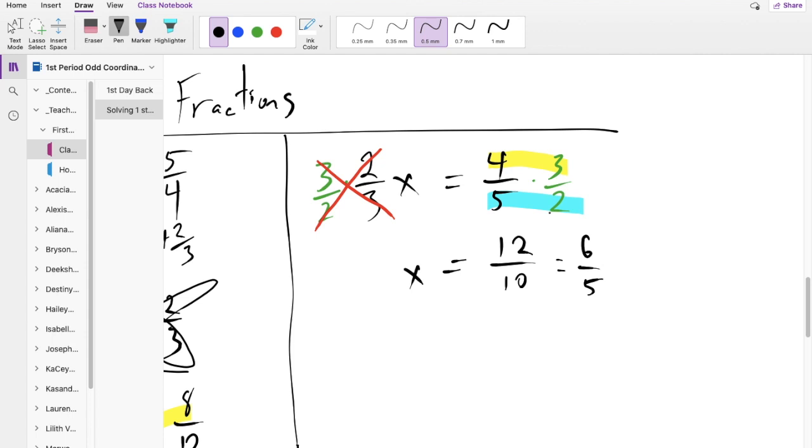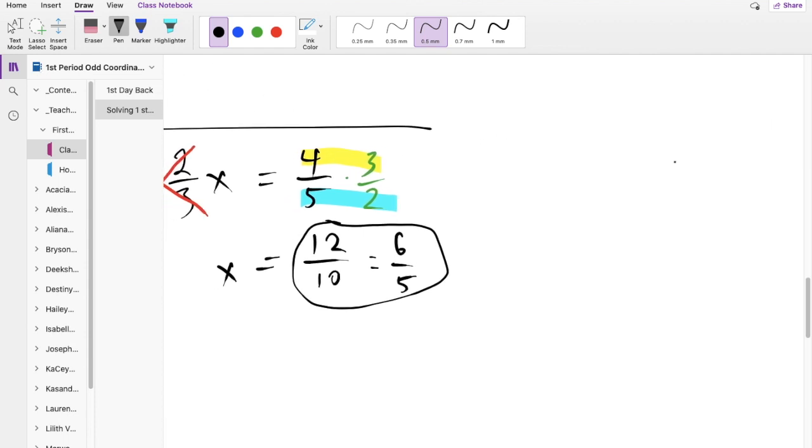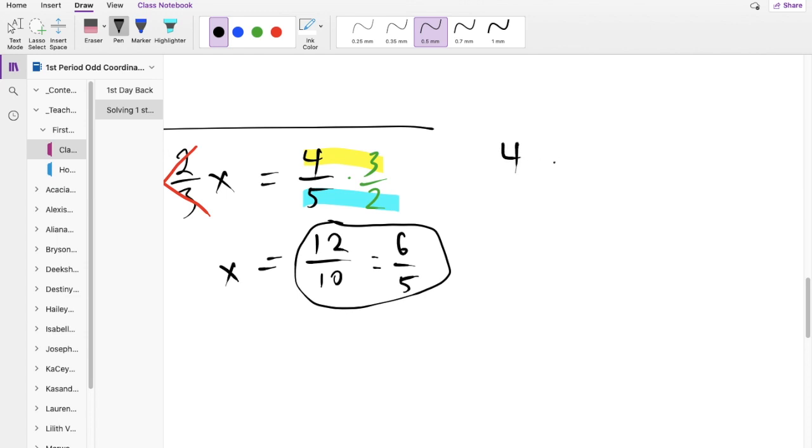Another thing you could do, if you have trouble simplifying once you have your final answer, is to simplify before you get your final answer. So I'm going to rewrite it: 4/5 times 3/2. I can simplify at this step.